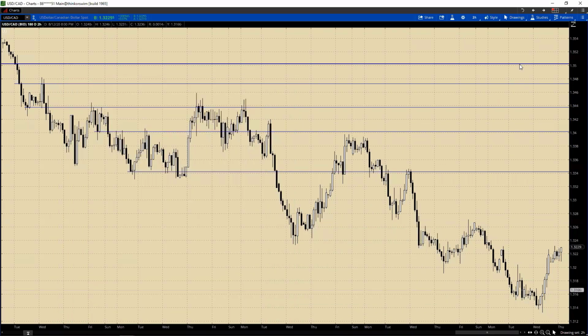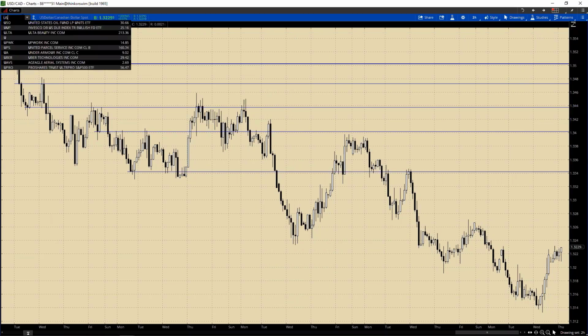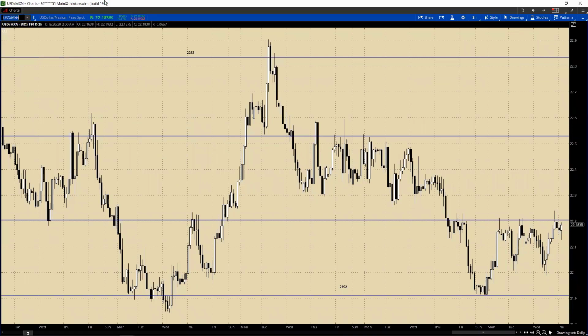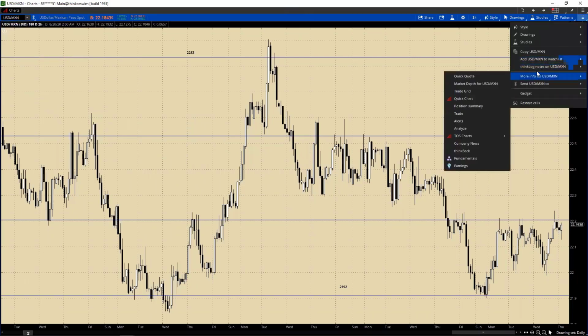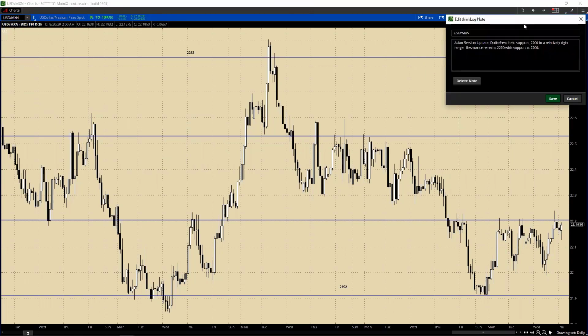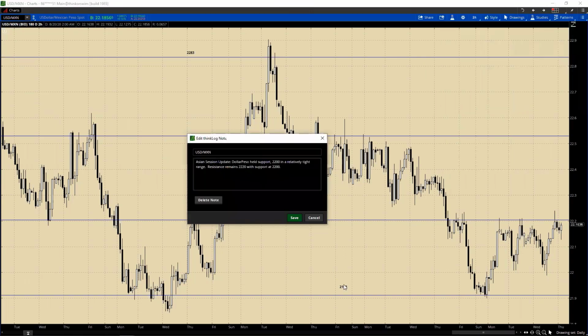And moving on to the dollar peso. So the dollar peso held support at 22 even in a relatively tight range.